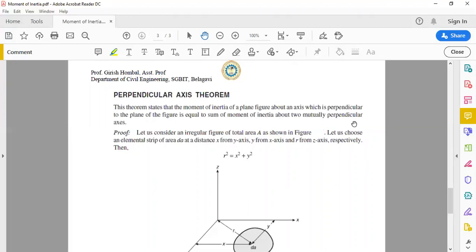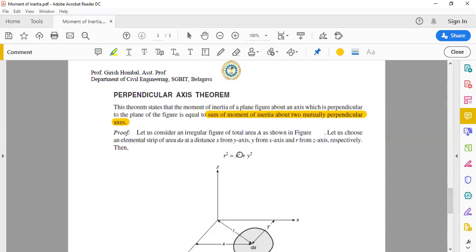So moment of inertia about z-axis is equal to moment of inertia about x-axis plus moment of inertia about y-axis, because the x-axis and y-axis are mutually perpendicular to each other.